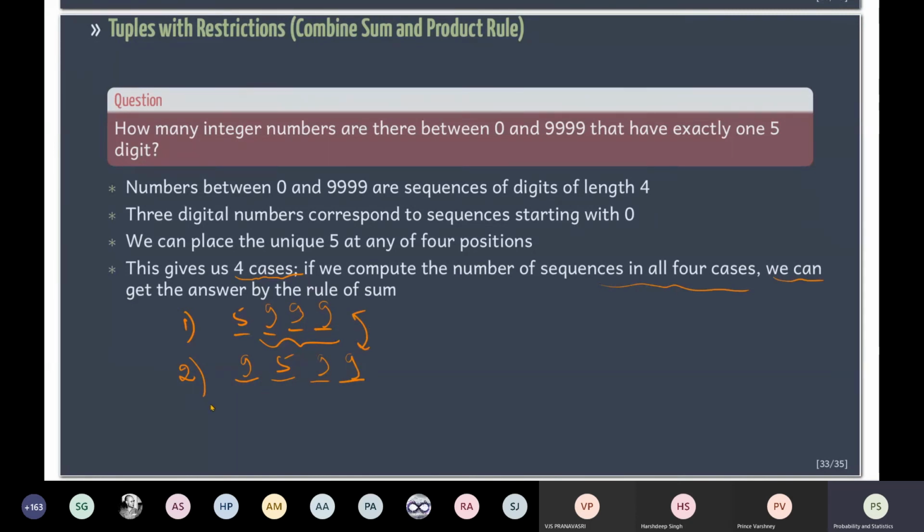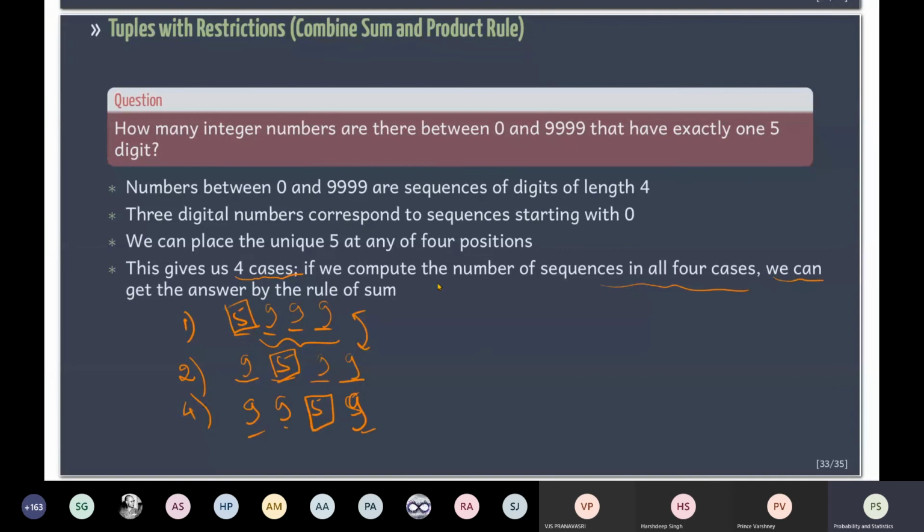And then we have other cases. So 9, 9, 5. Here the 5 is just a placeholder for the location of the 5, but what we are observing in the remaining places is the number of ways we can put a number.